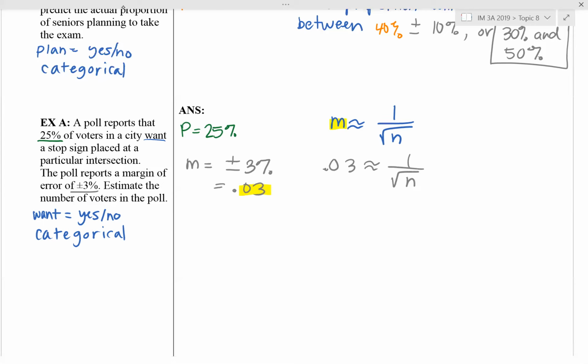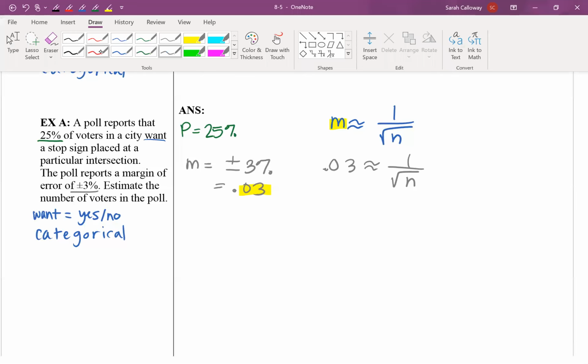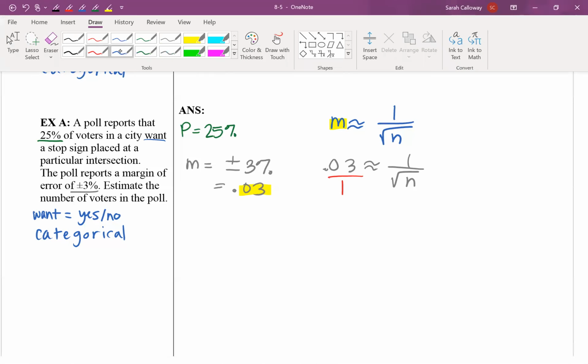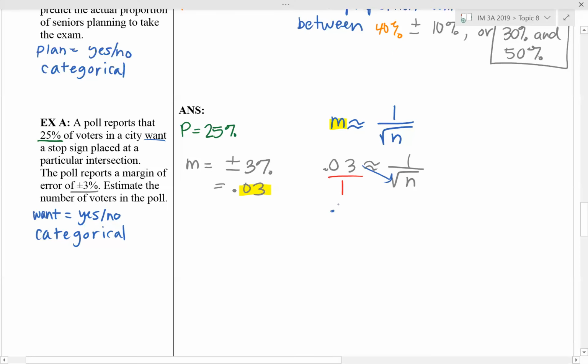Since I have one side as a fraction, I want to think about this other side as a fraction too. If I cross multiply this, that'll give me 0.03 times the square root of n is equal to 1 times 1, so just 1.